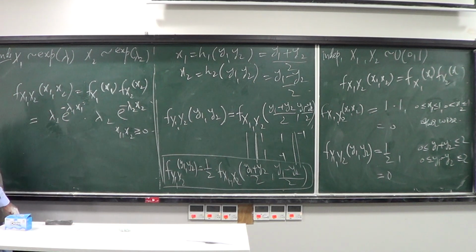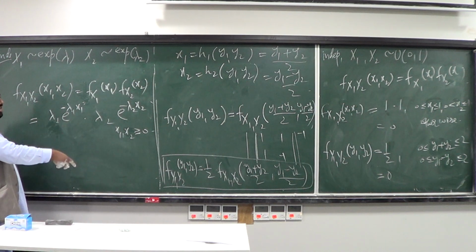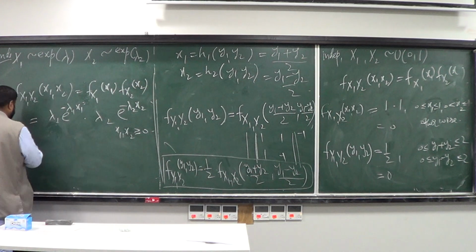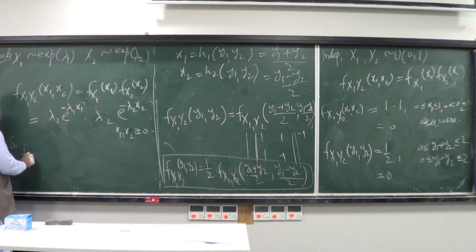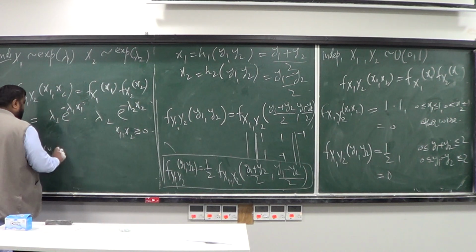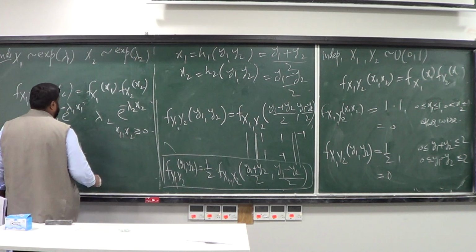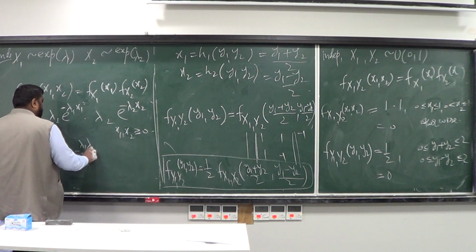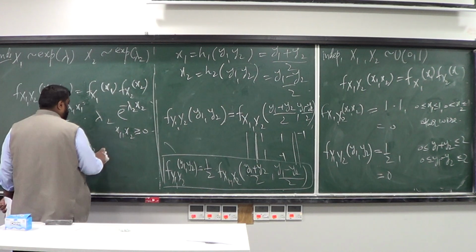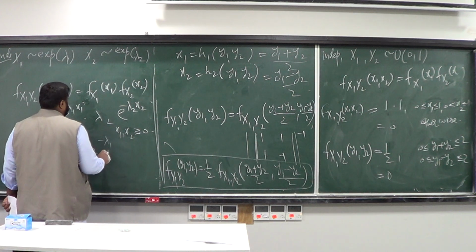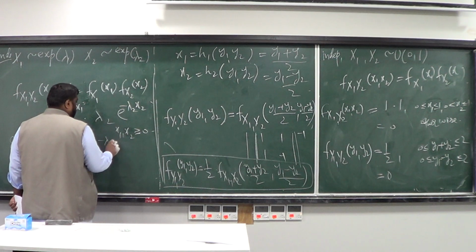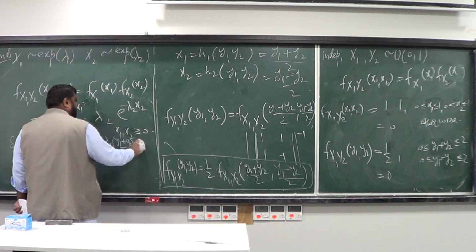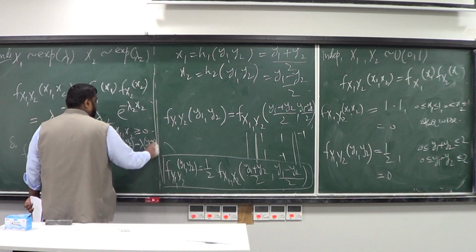Now, if in this formula, in place of x1 you substitute y1 plus y2 upon 2, in other words, if I evaluate this formula here, f of y1, y2 evaluated at y1, y2 is going to be 1/2 times lambda 1 lambda 2 times, I can put these exponentials in a single power, exponential of minus lambda 1 x1, where x1 is y1 plus y2 upon 2, minus lambda 2 x2, where x2 is y1 minus y2 upon 2.